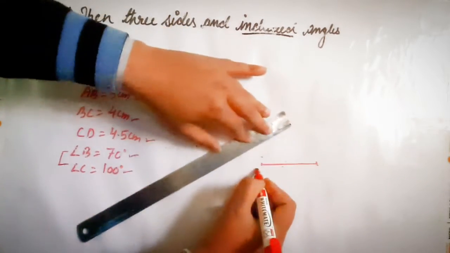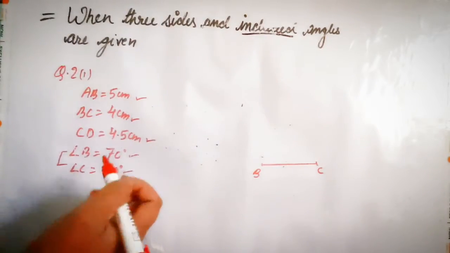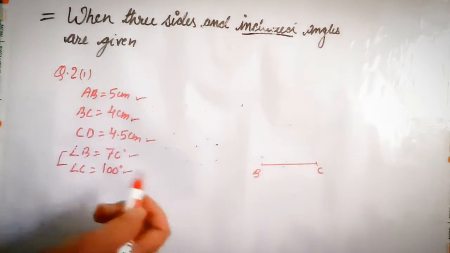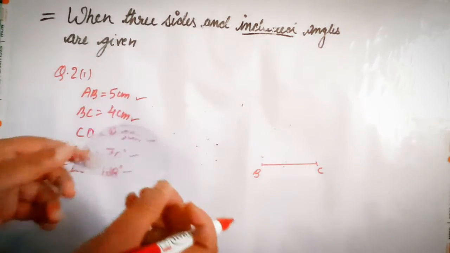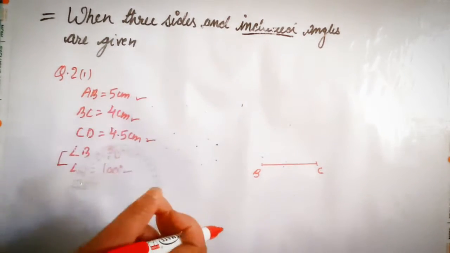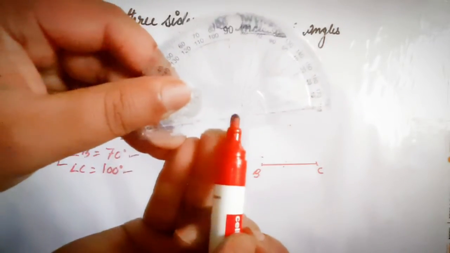Then you are given angle B equal to 70 degrees and angle C equal to 100 degrees. As we know, 70 and 100 are not possible with the help of compasses. So we need to take the help of a protractor. Now see how you have to place the protractor. This is the center point.